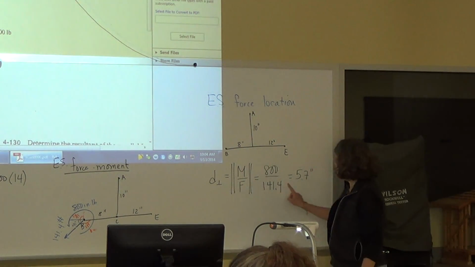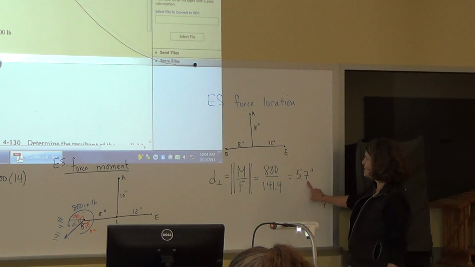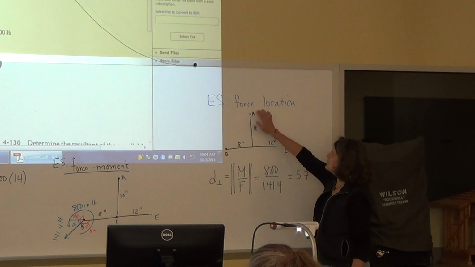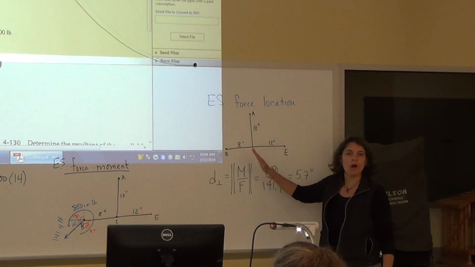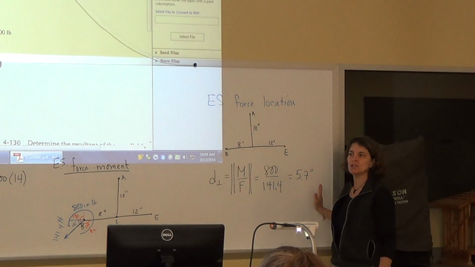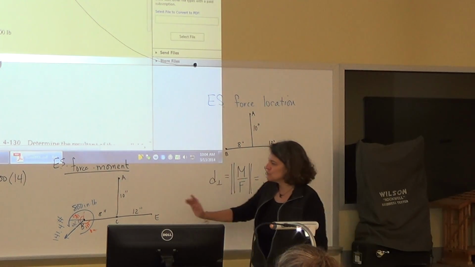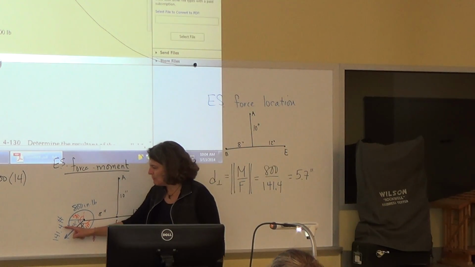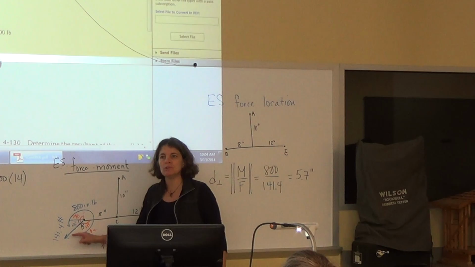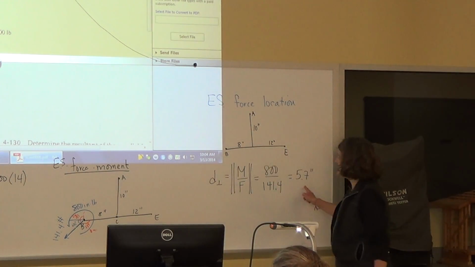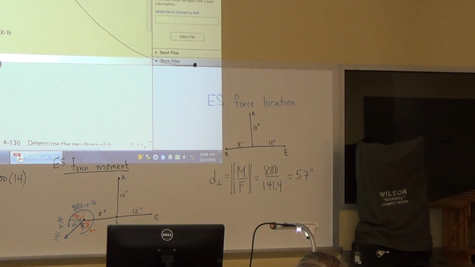Jill just told me that it's at a distance of 5.7. If it's a force location problem, you have to draw the force at the location. So how are you going to draw 141.4 in the right direction with a perpendicular distance of 5.7?